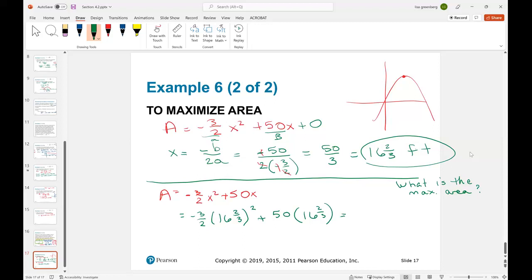And when I do the math on this, I get 416 and 2/3 feet, which also would be the same if you're trying it on your calculator. It should be like 667 feet. I don't know what to round it to.